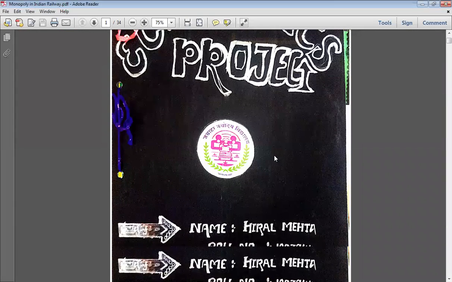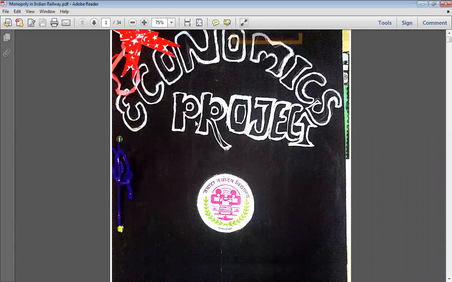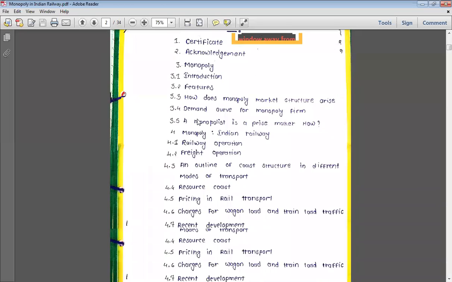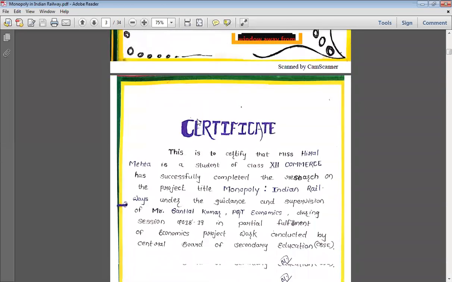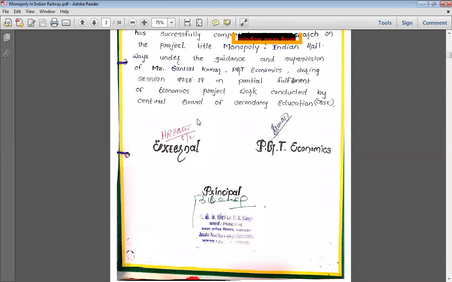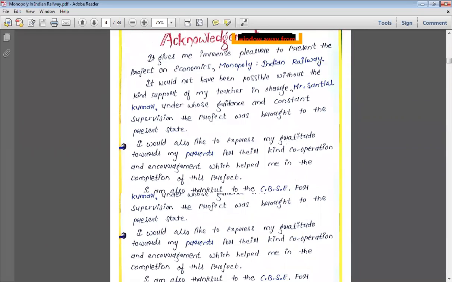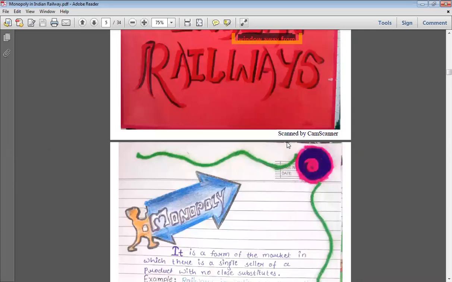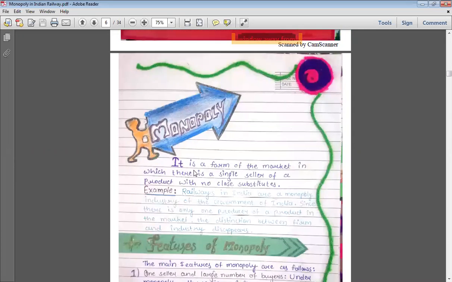So this is another project, monopoly. In microeconomics, we have discussed monopoly, right? But they have removed it this time. They have deleted that particular part, monopoly. So as I told you, you will get one external from another school, and an internal. Then the acknowledgement is up to you. Then monopoly. So this is what your presentation looks like.